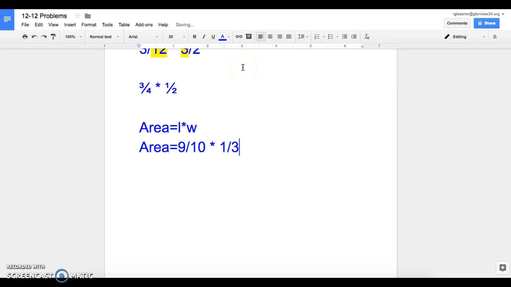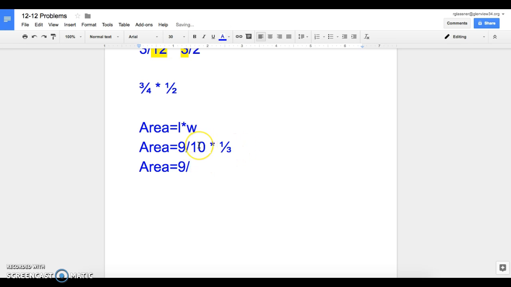We already know how to multiply fractions, so we have options here. We could simplify before multiplying: the numerator and denominator, 9 and 3, share a 3. I personally like to solve it and then simplify. So 9 times 1, numerator times numerator, is 9.